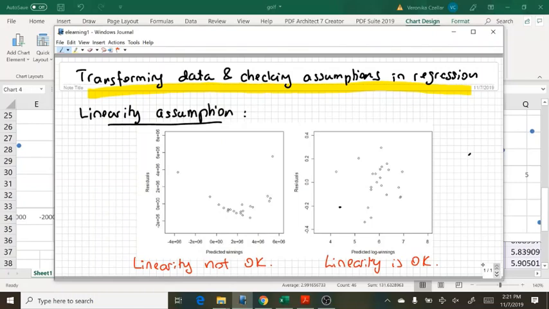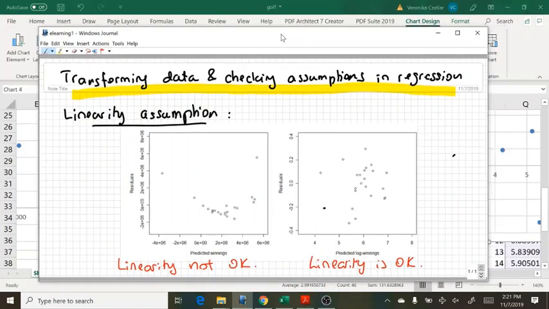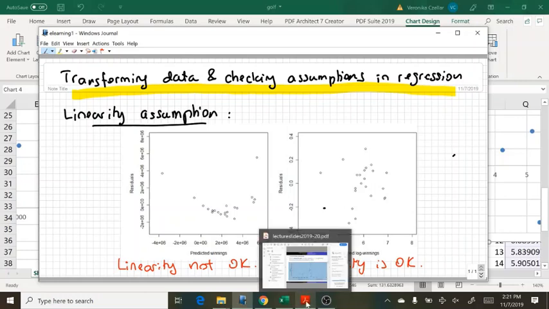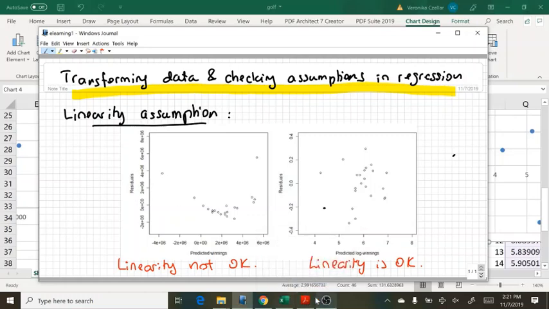Fine. Now, what else? This is for the linearity, and I will be able to do this even if I have several predictors, several x's. I can always calculate the residuals and plot them against the predicted values. And by the way, whether it's the residuals or standardized residuals, it's the same thing. The scatter plot would be the same. It's just that I would have a different scale here.